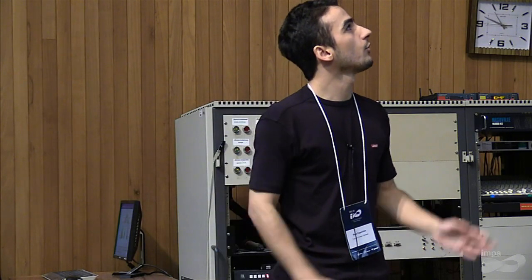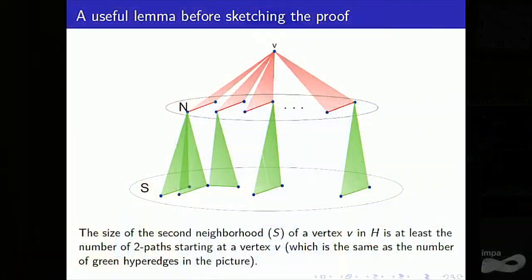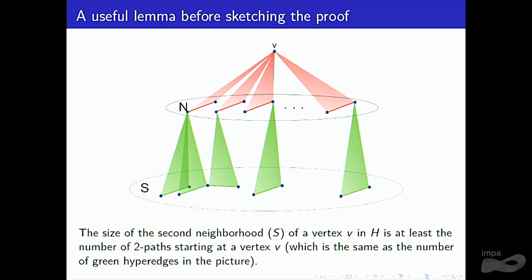Before we follow this sketch of the proof, I want to state one lemma, which is very important for this proof. If we start from a vertex V and consider all the 2-paths starting from V, then N is the first neighborhood of V and S is the second neighborhood of V. This has a nice structure because there is no hyperedge like this, since we assume triangle-freeness. In the original problem we had to get rid of them, but for simplicity, we don't have them now.